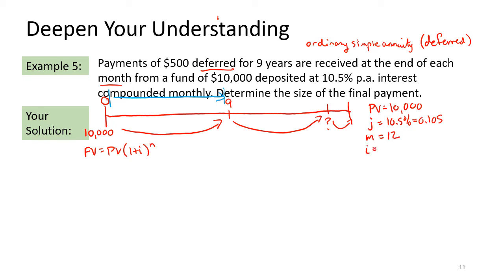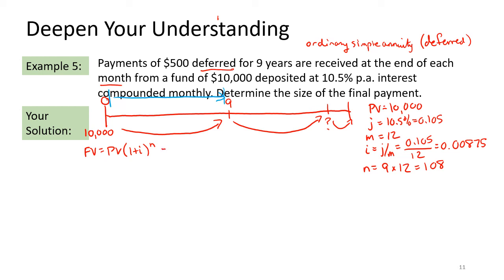So our periodic rate of interest, I, is J divided by M, or 0.105 divided by 12, which gives you 0.00875. Lastly, our value for N, in this case, we are going 9 years in the future times 12 interest compounding periods a year gives you 108.